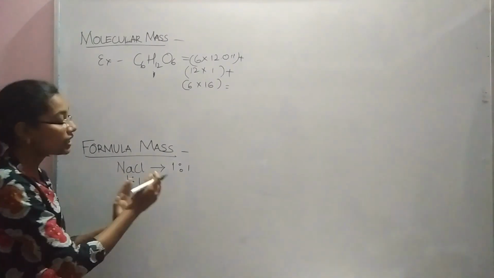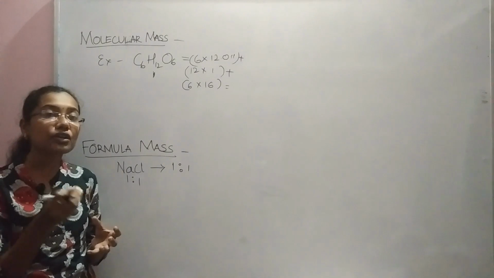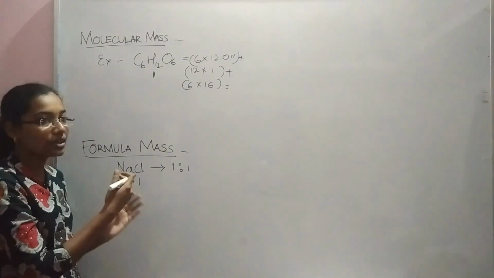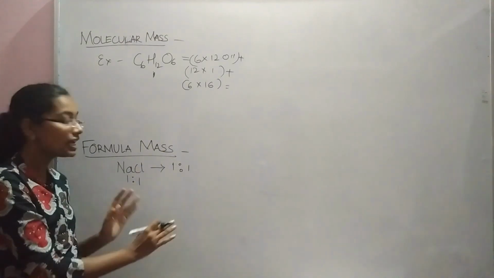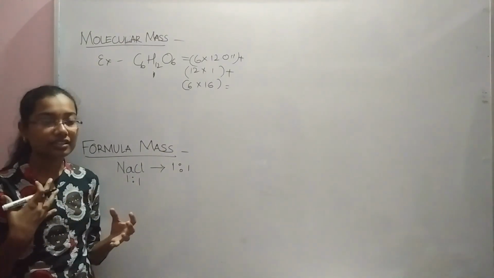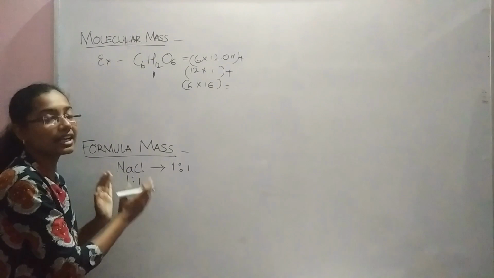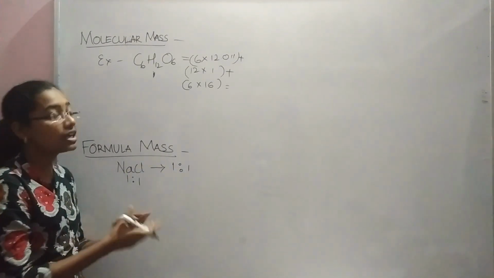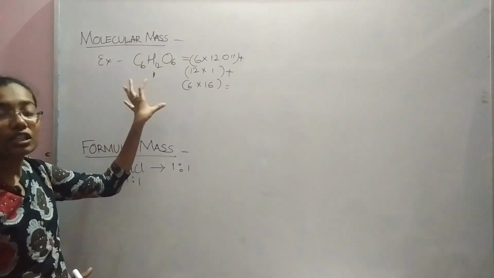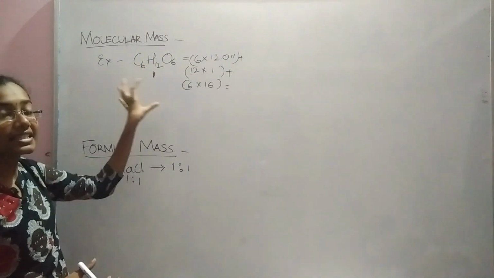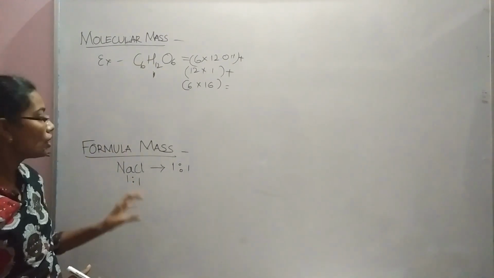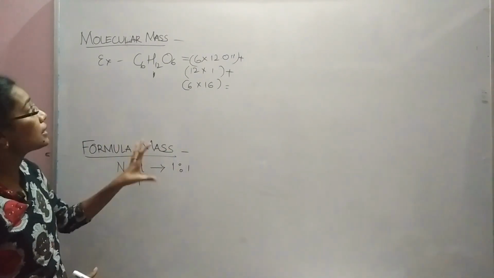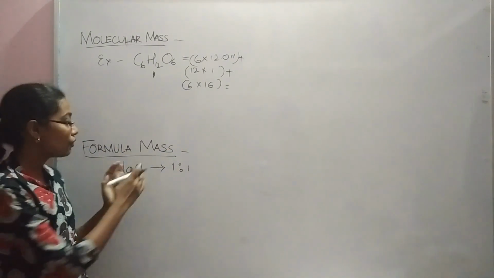It does not tell exactly the number of atoms of these ions, whether these are 4 Cl, 8 Cl or 12 Cl. It will not give the direct number of atoms present in that compound, but with the help of the molecular formula we'll get the exact number of those elements present in that molecule. This is the main difference between molecular mass and formula mass.